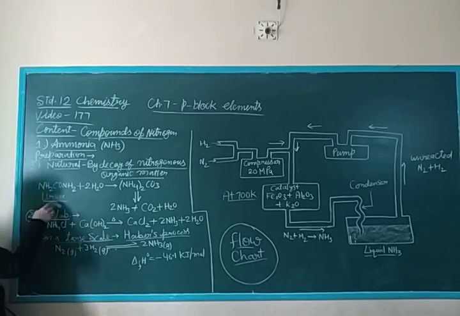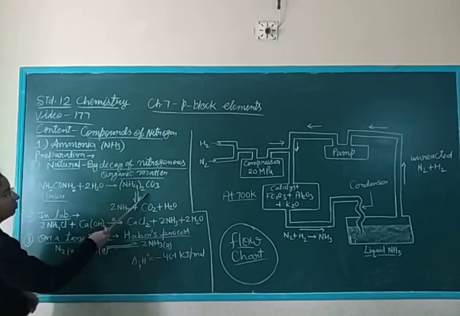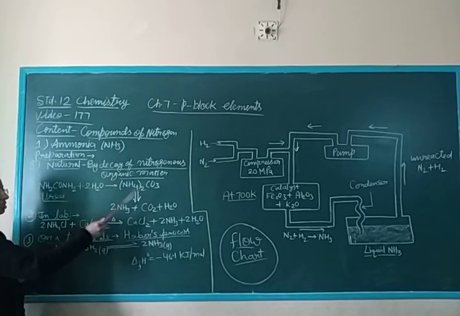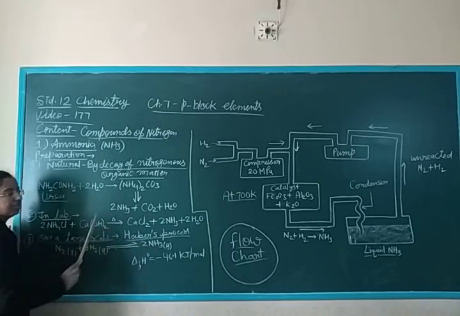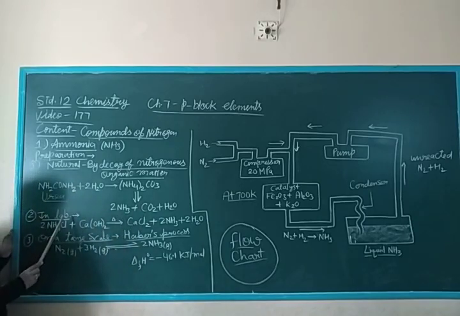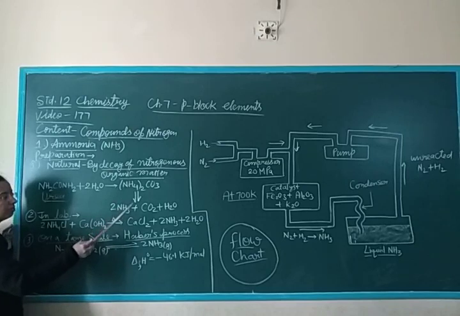So by decay of the nitrogenous organic matter, first in the presence of water, urea is converted into ammonium carbonate, (NH4)2CO3. Then after that it is converted to ammonia gas, CO2 gas and water. So this is the natural process by the decay of nitrogenous organic matter: urea is converted into ammonium carbonate and then into ammonia.